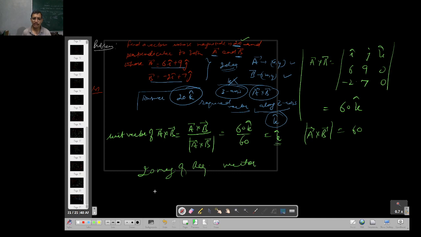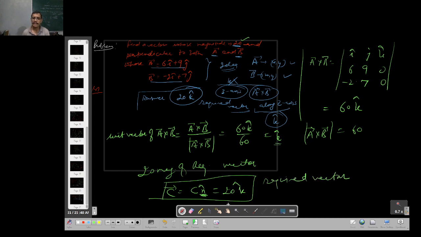Therefore the required vector will be 20, the magnitude, multiplied by the unit vector. So the required vector is C, and C is basically C n, where the magnitude C is given as 20 and n has been calculated as k cap. Therefore 20k cap is the required vector, right?